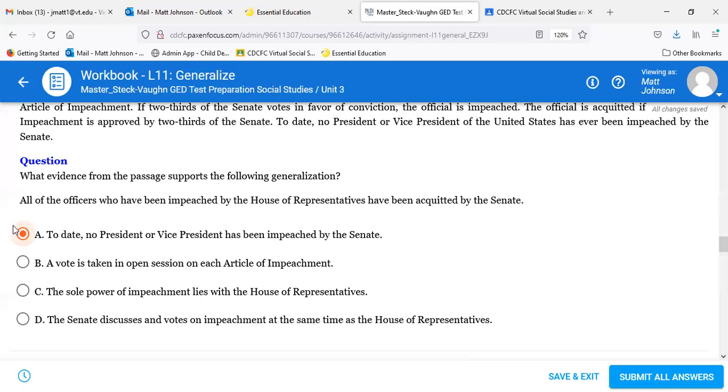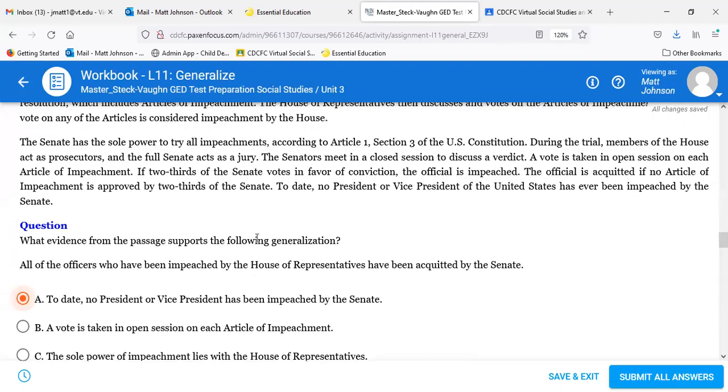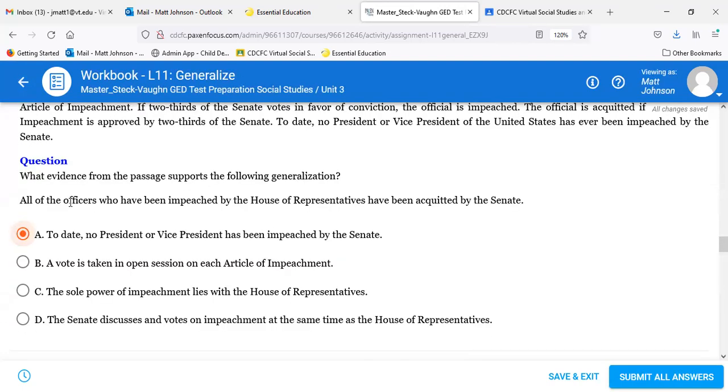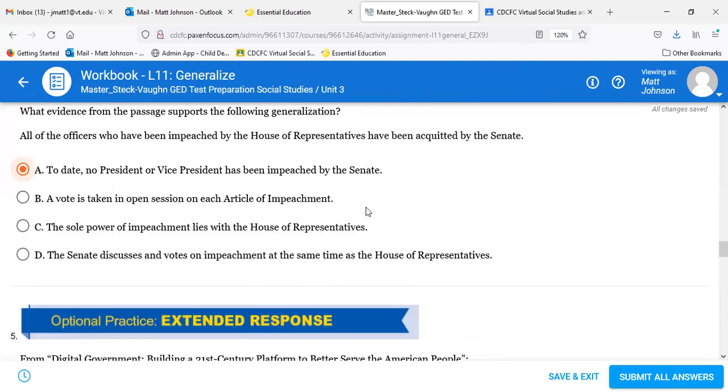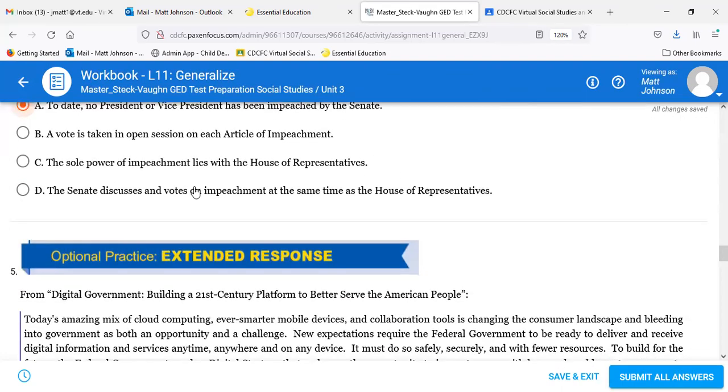All of the officers who have been impeached by the House of Representatives have been acquitted by the Senate. And the evidence for that is where it says to date, no president or vice president has been impeached by the Senate. I would much prefer if it said has not received a 2/3 vote by the Senate. That's the point I'm making. Okay, so 4 is A.